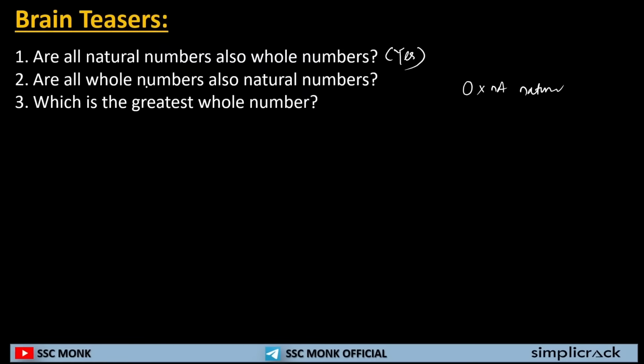So the answer will be no. Now which is the greatest whole number? No one knows because you can't count. But if it asks what is the smallest whole number, the smallest whole number is 0. Clear? Sorted? Enjoying it, right? Next.